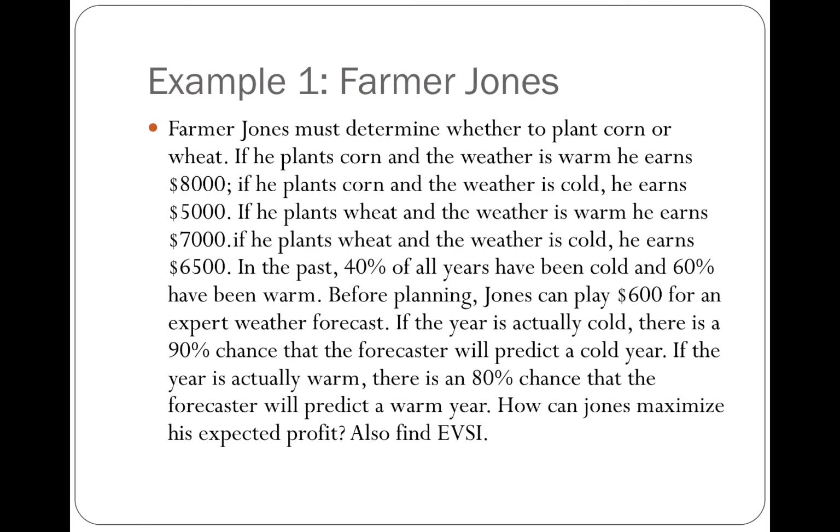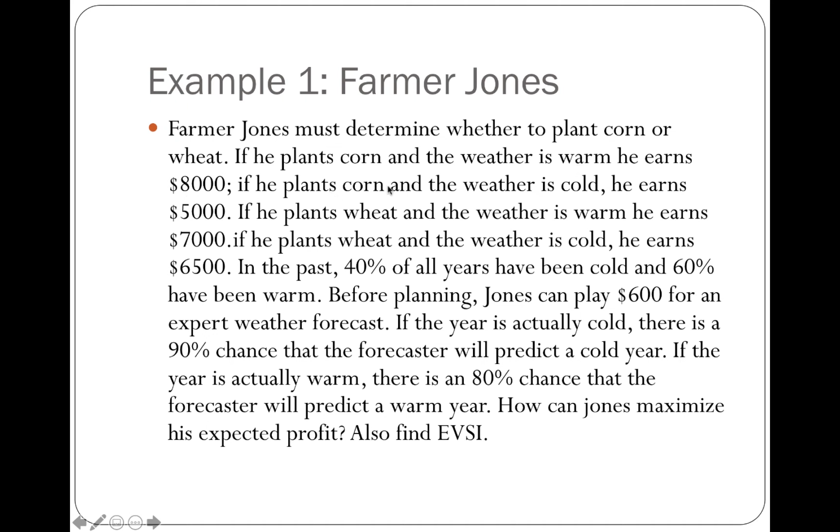The example that I want to talk about is related to a farmer who needs to decide whether to plant corn or wheat at his farm. The yield that he will observe depends on the weather condition, whether it's going to be cold or warm. If he plants corn and the weather is warm, he earns $8,000.